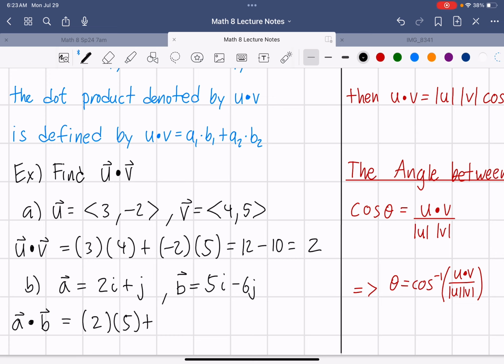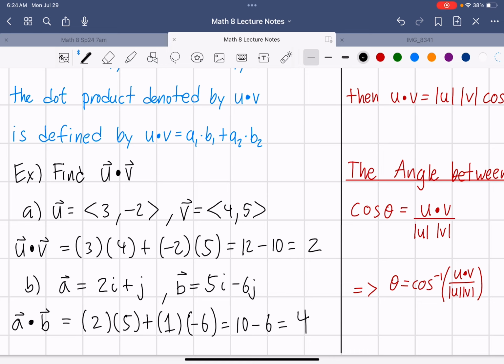Plus, now, when you just see j, we assume that the scalar is just 1. And then we have negative 6. 2 times 5 is 10. Minus 1 times negative 6 is negative 6. And that's going to give us 4.